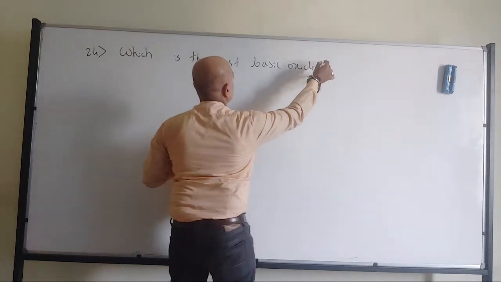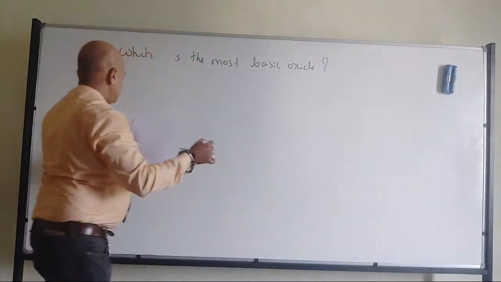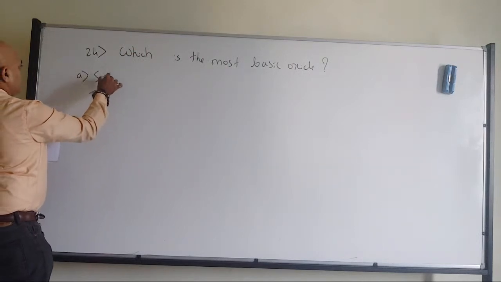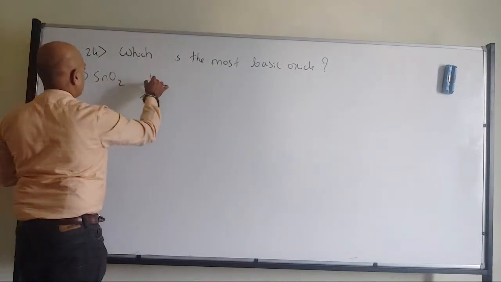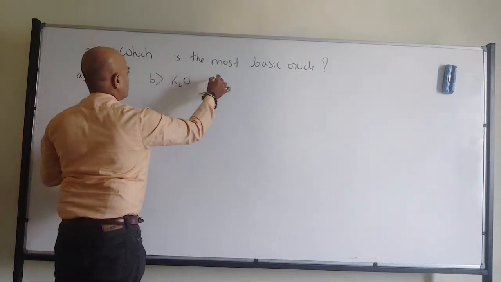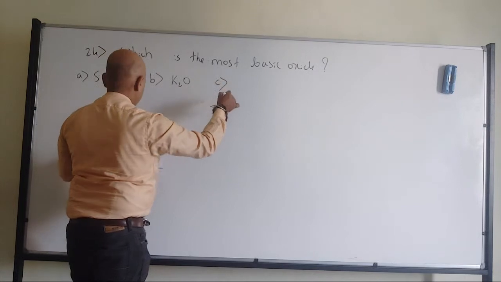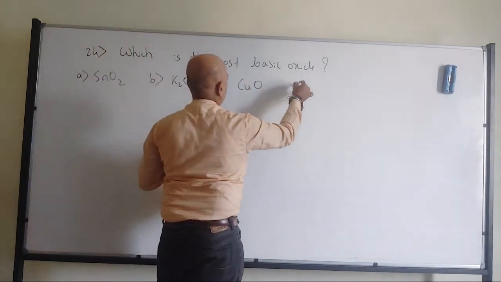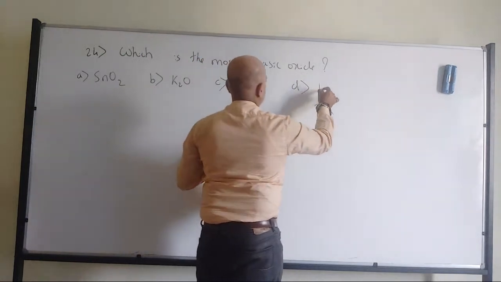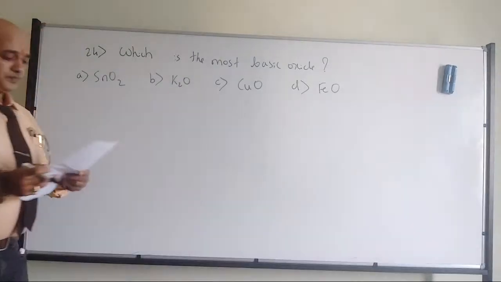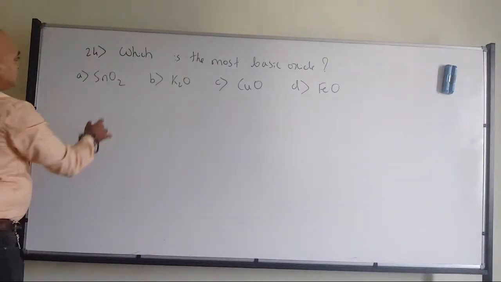Option A, stannic oxide, SnO2; B, potassium oxide, K2O; C, cupric oxide, CuO; and D, ferrous oxide, FeO. Right?